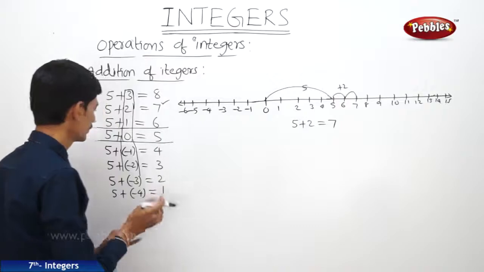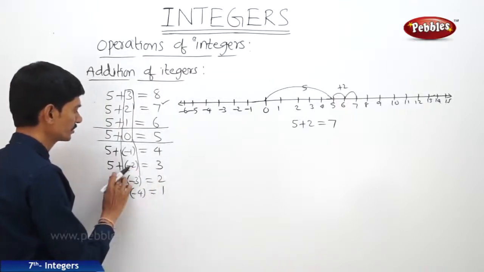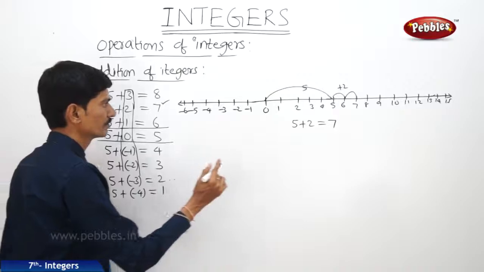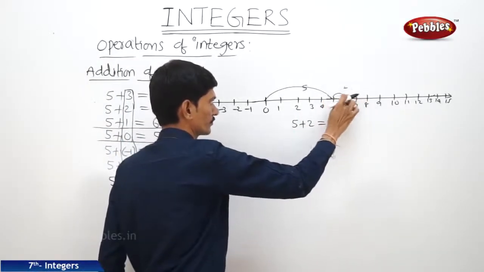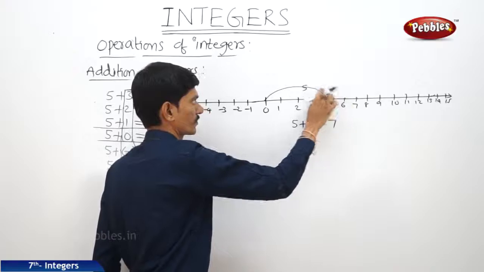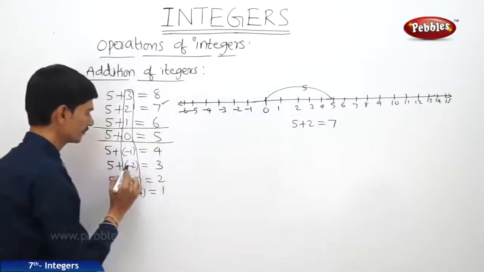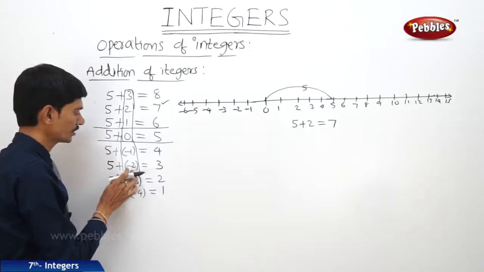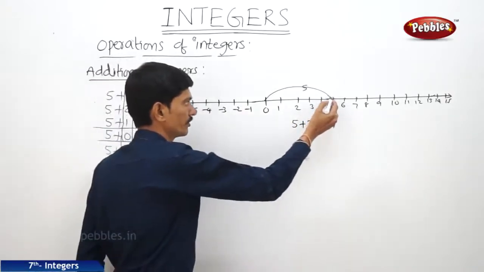If you take a positive integer and a negative integer, then 5 plus minus 2, first 0 to 5, then minus 2. What is the result when minus 2 is added to 5? The result is 3. To reach 3, we should move left.